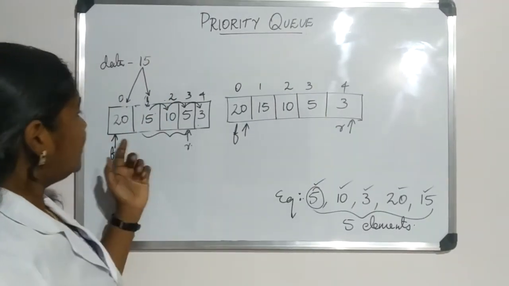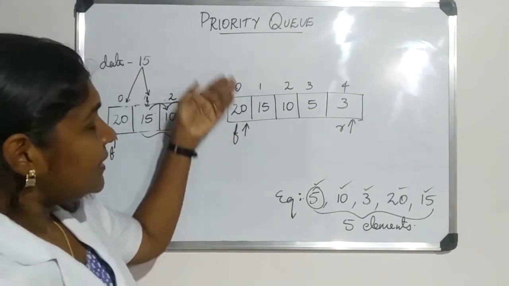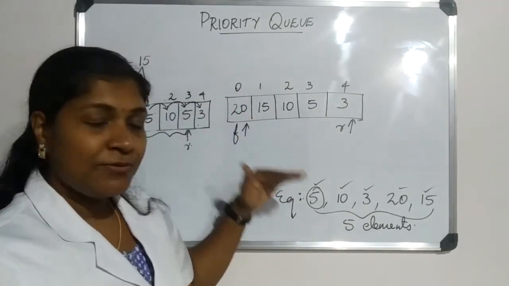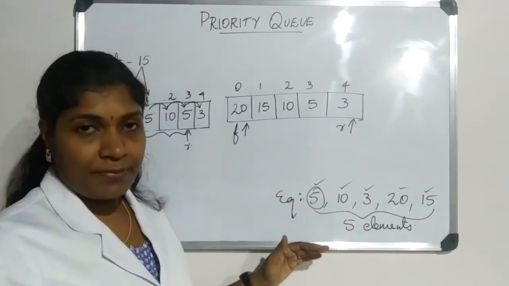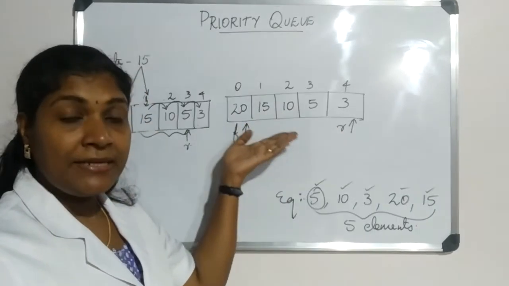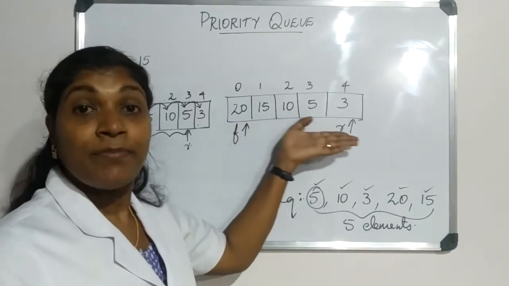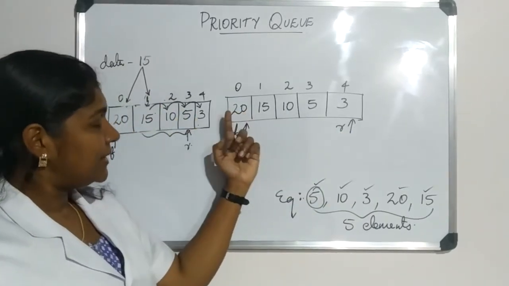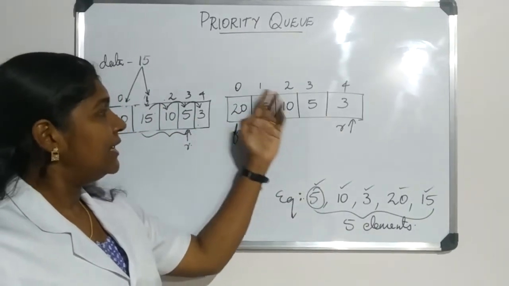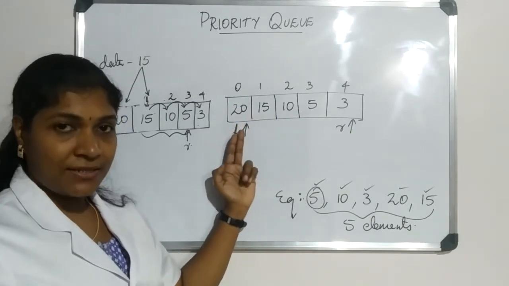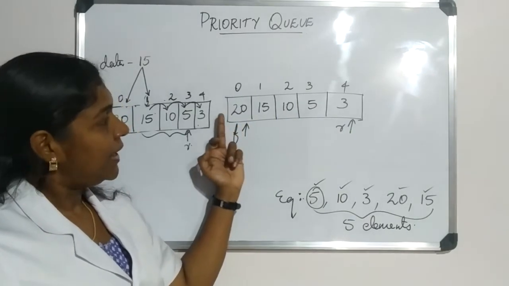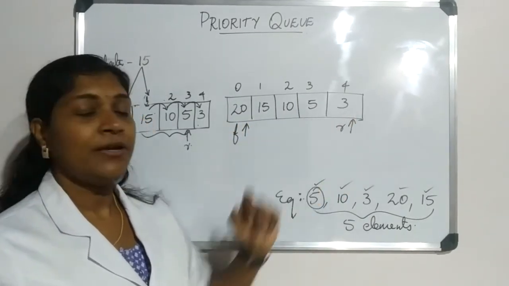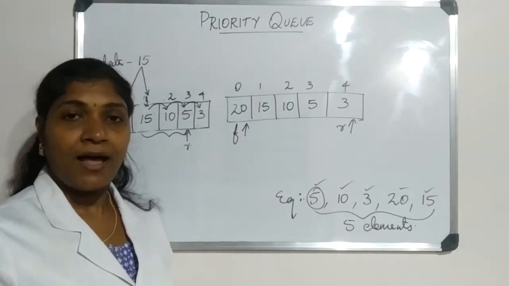Clear? So now you see, while entering each element, that is while performing each of the NQ operations, what is happening? Elements are getting arranged in the proper order based on their priority. That is, the element with the highest priority is arranged at the front position, and in descending order all the other elements are arranged.